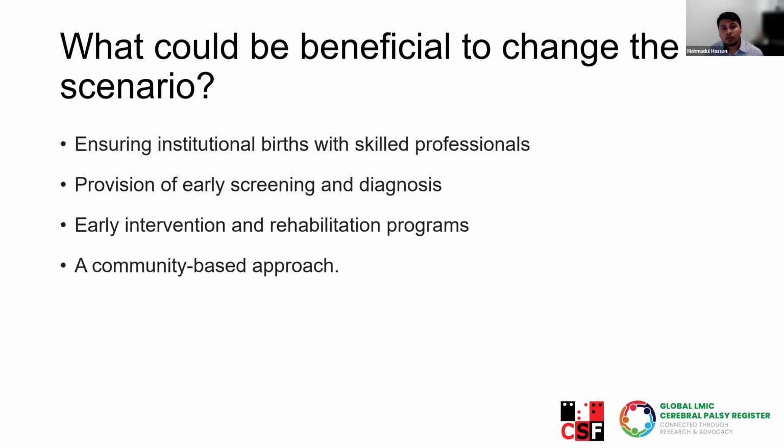So what can we do as a service provider or research organization? We can offer early screening and diagnostic services. We can establish early intervention and rehabilitation programs. We need to take a bottom-up approach to design a community-based service delivery model.